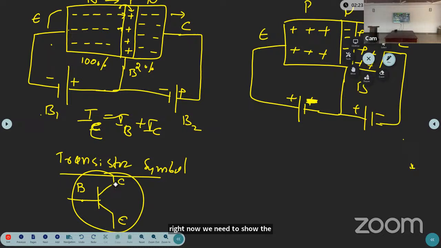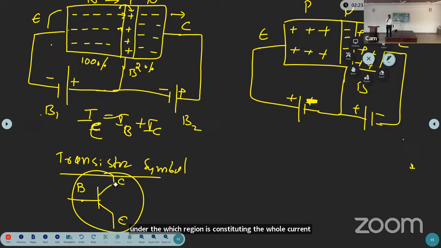Based on the current direction, we differentiate the NPN transistor symbol and PNP transistor symbol. In the NPN transistor, how is the current flowing? From which region to which region? Base to emitter, right? Now which region constitutes the whole current in the transistor?